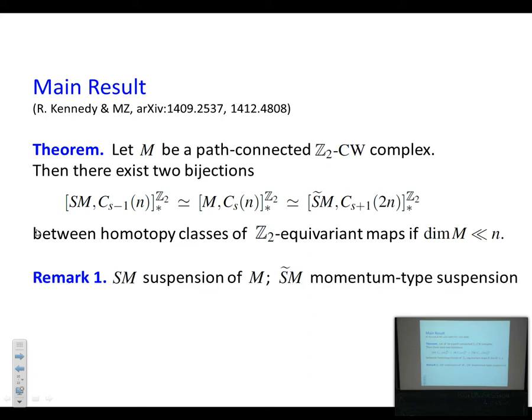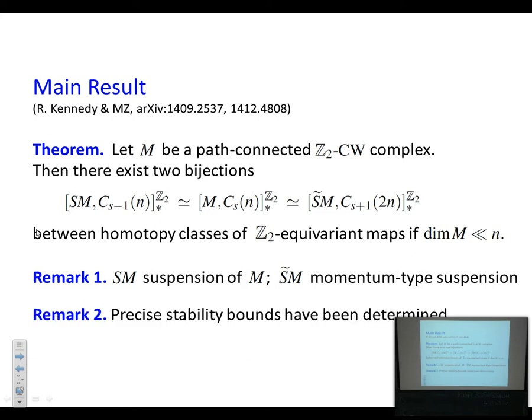Remark number one, the S tilde is the momentum type, the non-trivial suspension, where the operation of momentum inversion is extended non-trivially, so T to minus T in the notation that I used. Second remark, we have actually determined precise bounds.